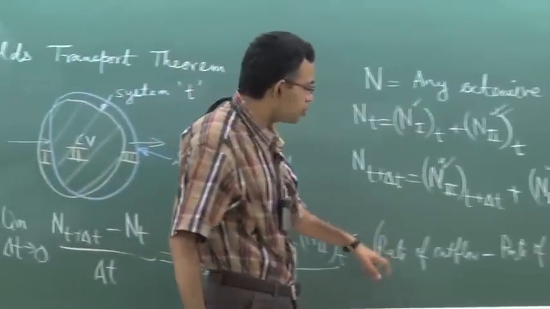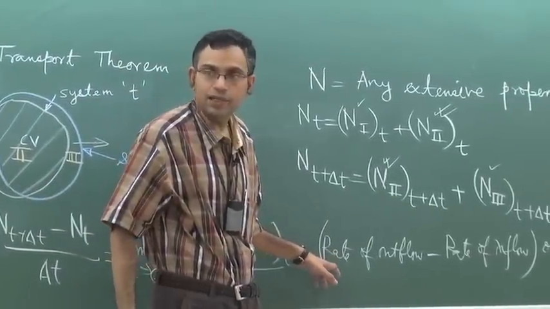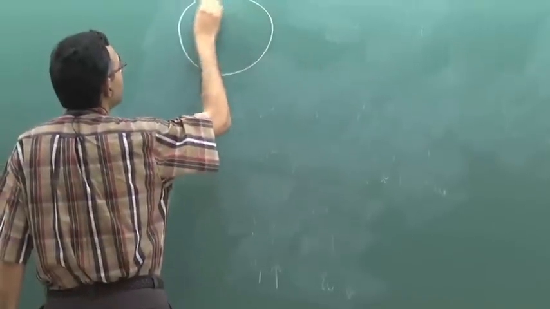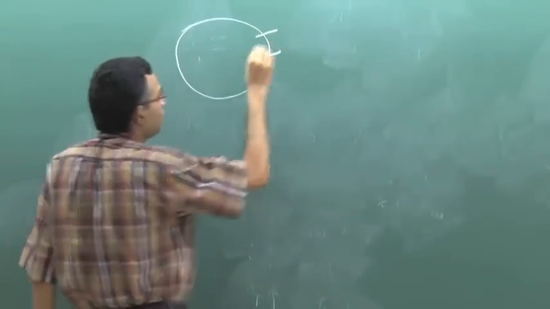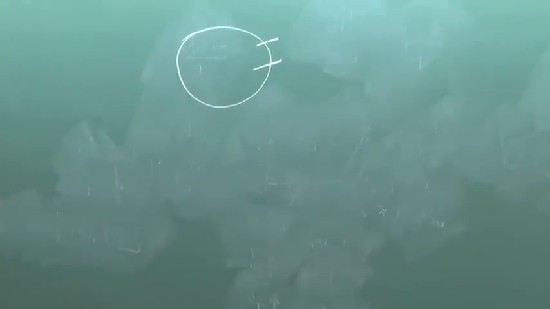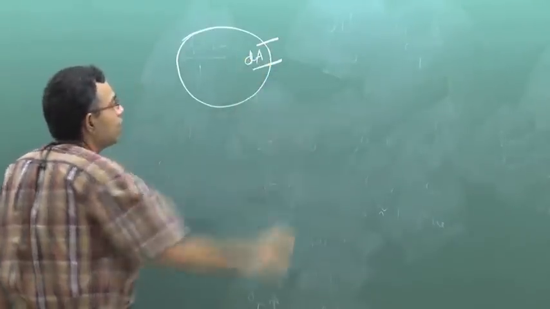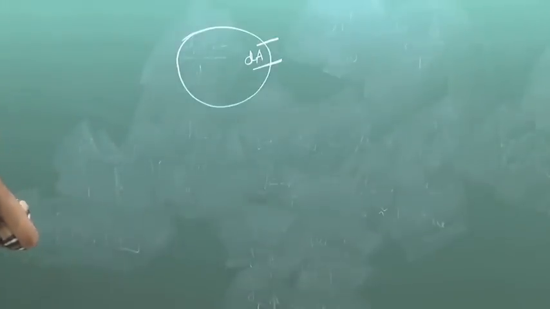Now, the next job is to express this mathematically, rate of outflow minus rate of inflow of property. So, let us make a sketch of the control volume. Let us say this is an outflow boundary. Let us say dA is an elemental area on the outflow boundary.